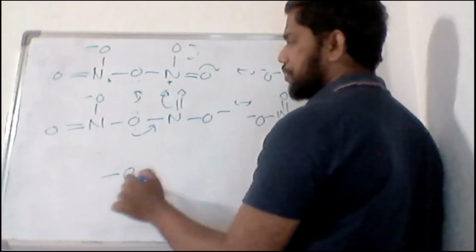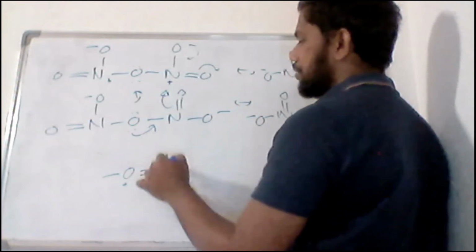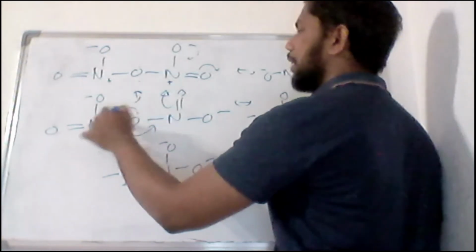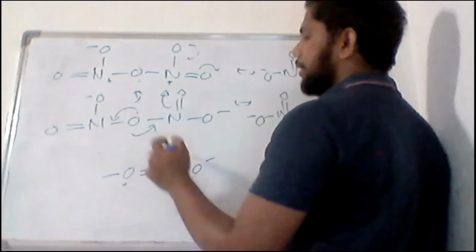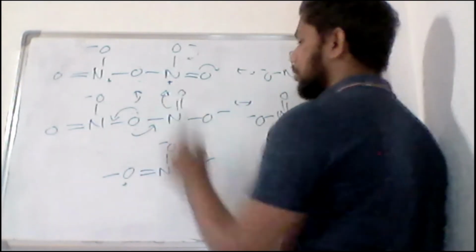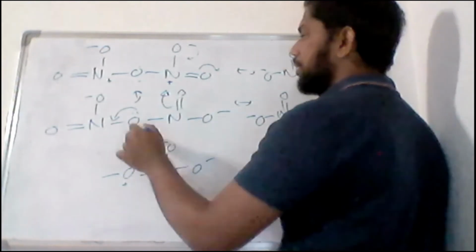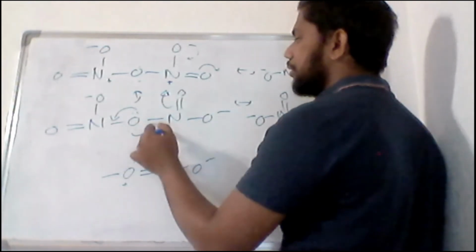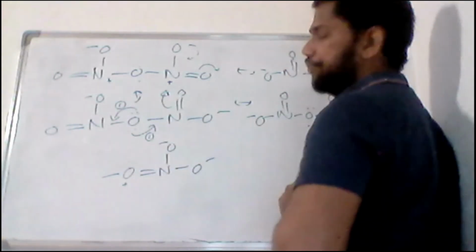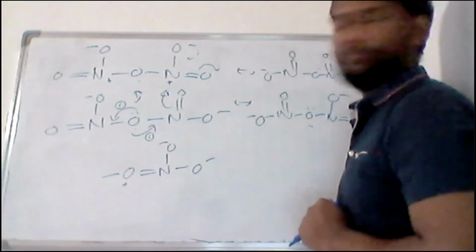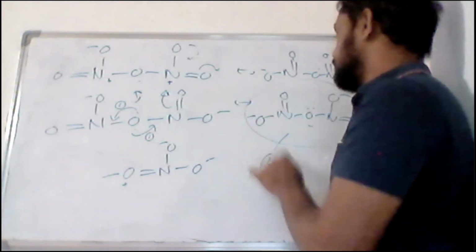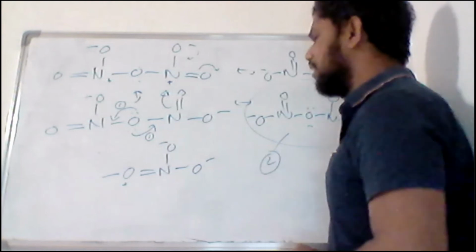There will be a positive charge here now, nitrogen, O minus, O minus. This also can be given like this. And this O minus could come either from this one or from this one. So there will be one structure coming from this one and one coming from this one, so there can be two. Here also another two.